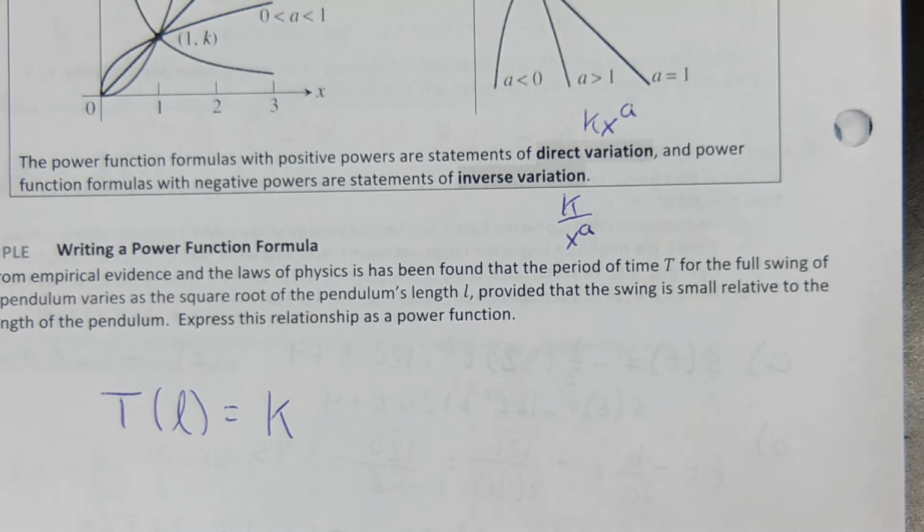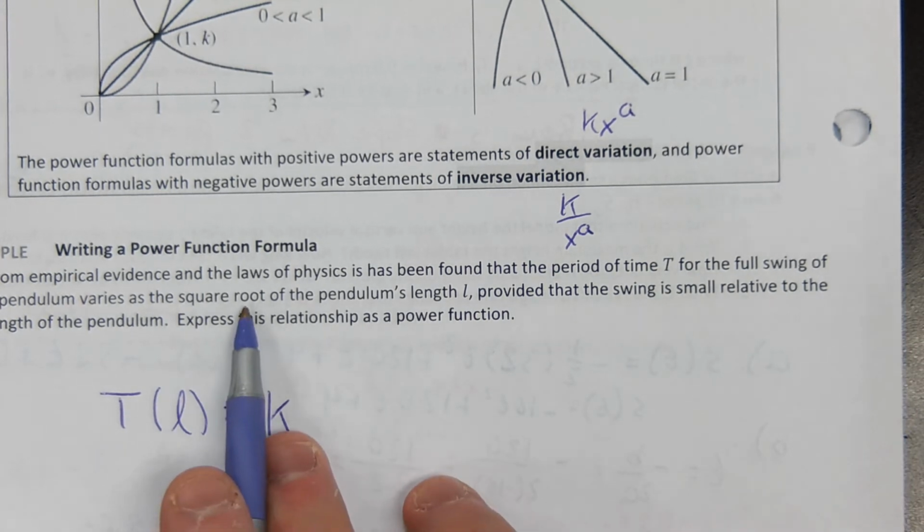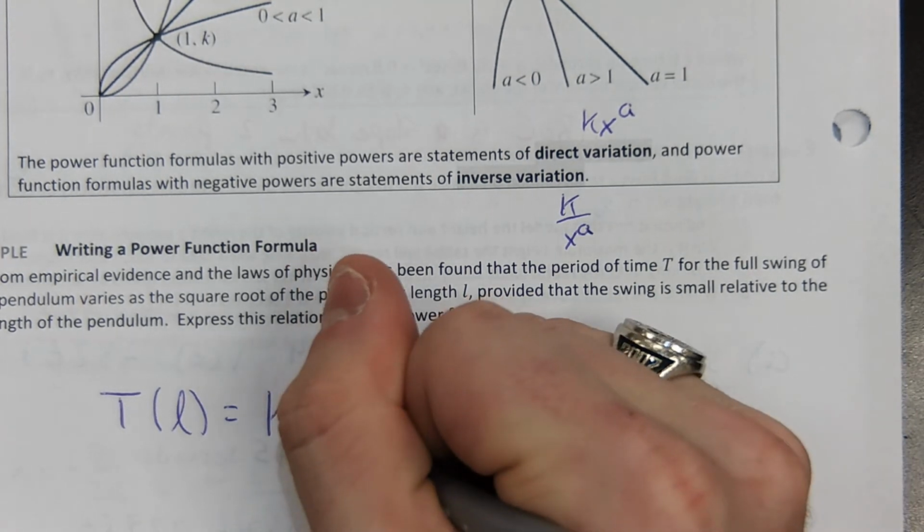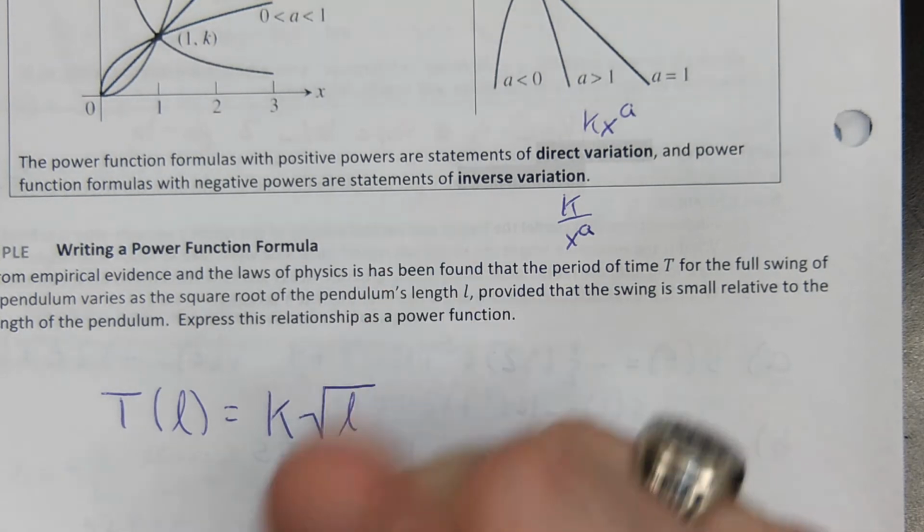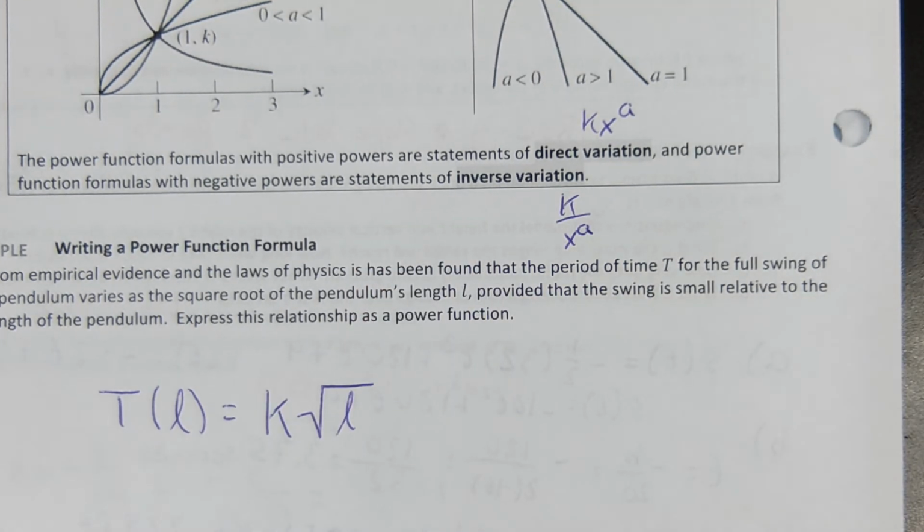Ours says it varies as, which means varies directly as, the square root of the length. Now, while this is a power function, it's not written in power function format. Power function format is K times X to some power. So we're not going to use X, obviously, we're going to use lowercase l.